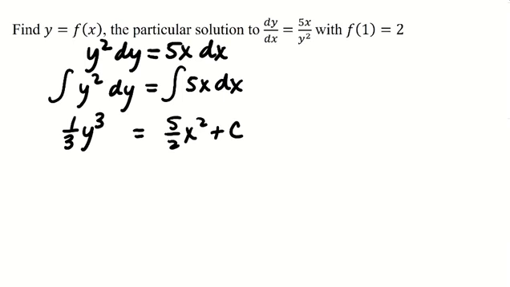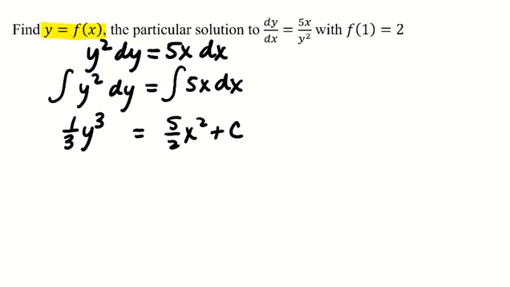Since we're solving for y, and the reason we know we have to solve for y is that it's saying find y equals f of x. So that means it needs to be an equation of the form y equals some expression with a bunch of x's in it. Since I know that's where I'm headed anyway, that's why I keep the plus c on the side with the x's, because you're going to need to get it over there.